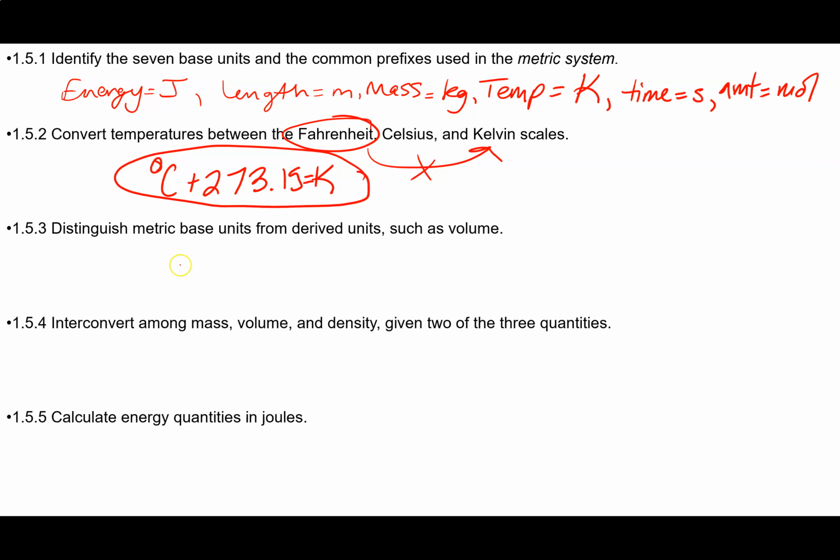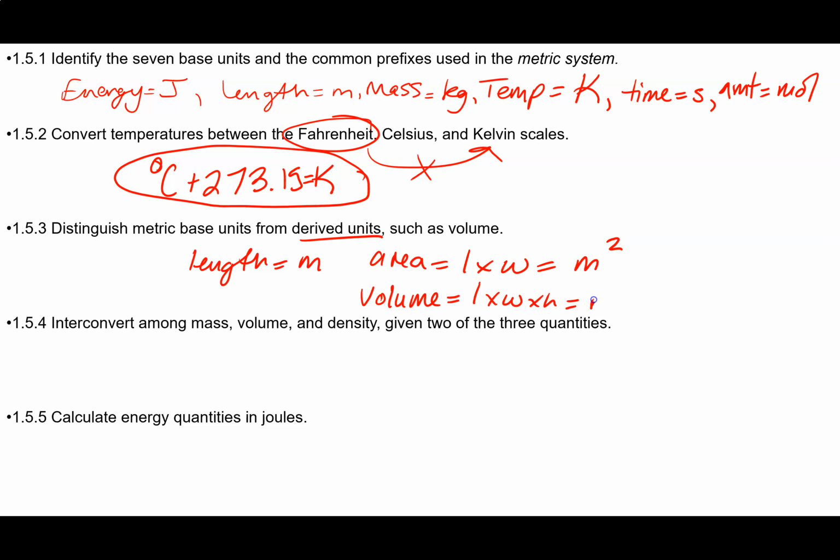Metric units and derived units are a concept to know. If the length of something is measured in meters, then area, which is what we call a derived unit, is length times width, which would end in a unit of meters squared. And volume is another derived unit, which is length times width times height, and has a unit of meters cubed. So derived units are ones in which we take the metric base units and multiply them.